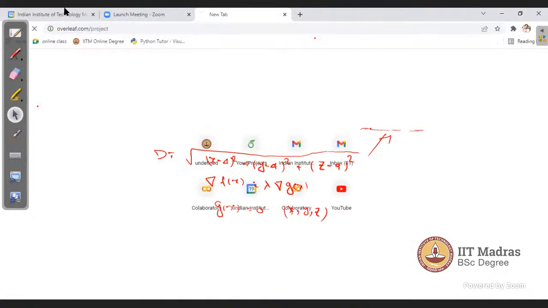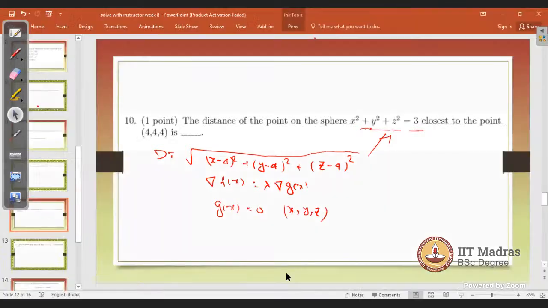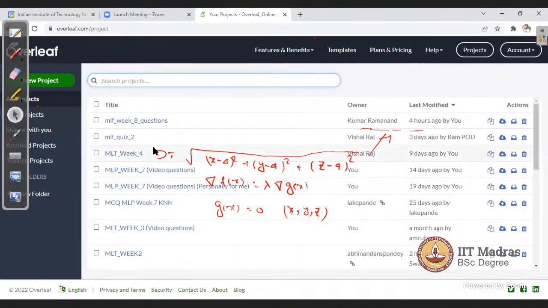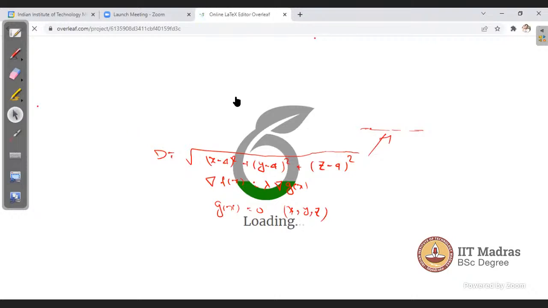Yeah, just try to solve. If you still face an issue, I'll obviously solve this question. But to save time, I can directly show the solutions also. Many correct answers we already got.